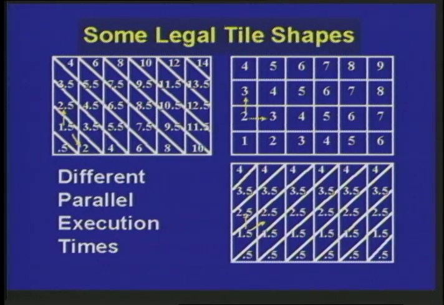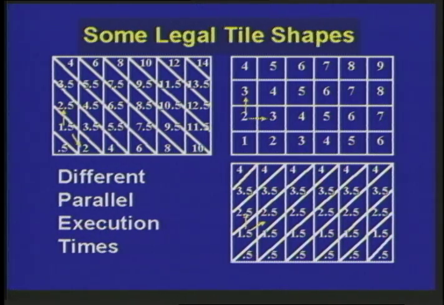So, for instance, if we take a look at the upper left example in the tiling that we have, the very first processor can start its tile immediately, but the second processor can't start its stack until the first two tiles are completed in the first stack.